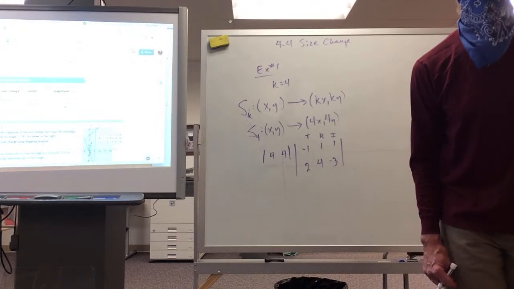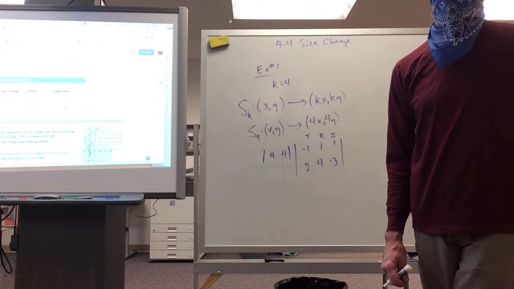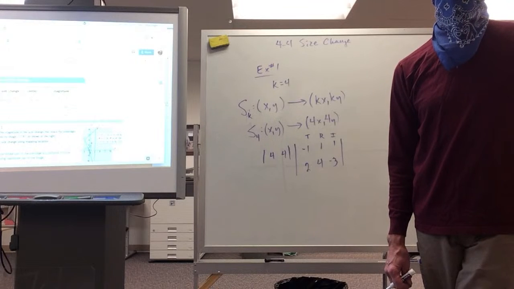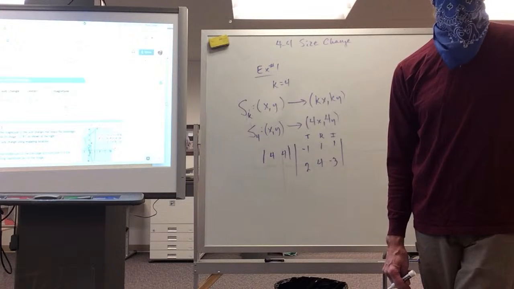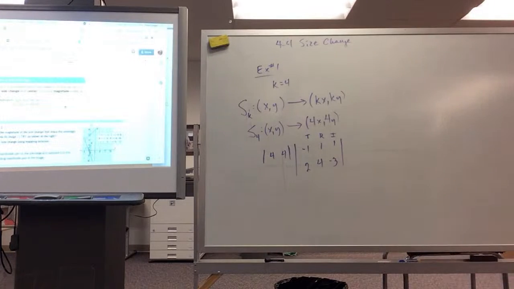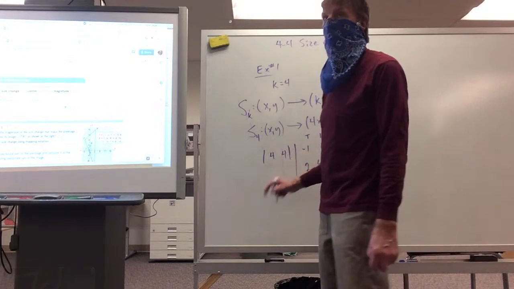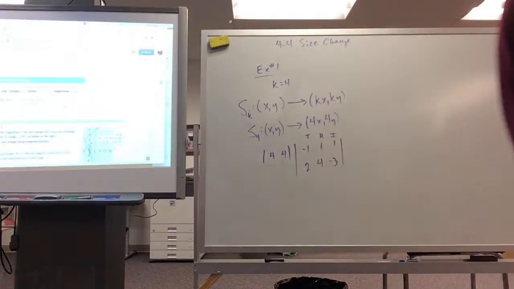Why can't you just do scalar? Why can't you just put the 4 in front of it? You could do that too. You could just put a 4 in front of it, and then it would be a scalar matrix. We want to be thinking, though, in terms of this here. And we're going to make this a little bit more complicated than this before this lesson is over.